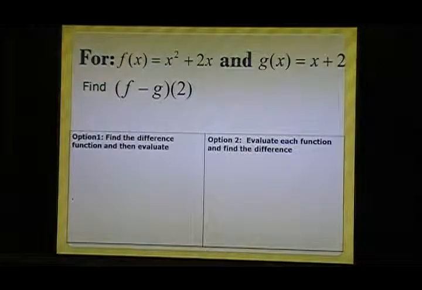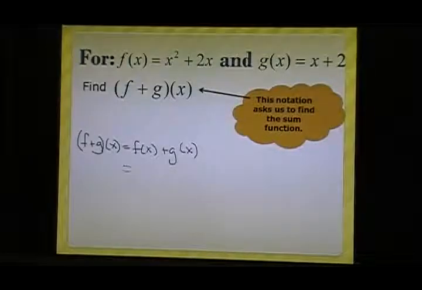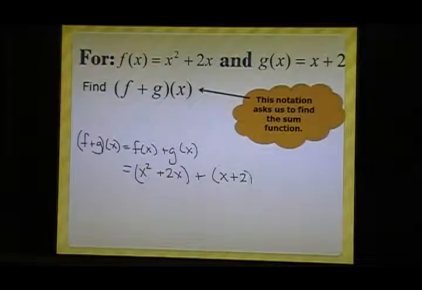So to find our sum function, we have to add our functions together. And so f of x, we have x squared plus 2x, plus g of x, which is x plus 2.